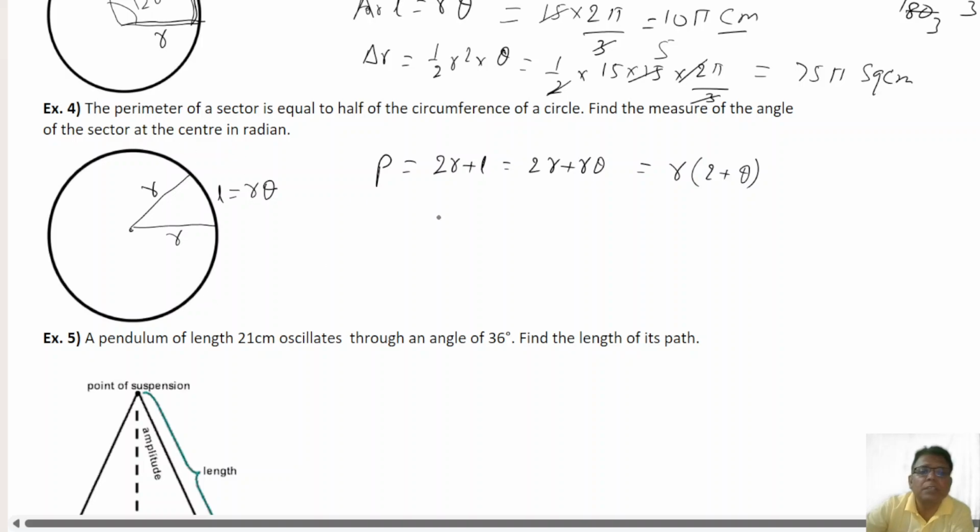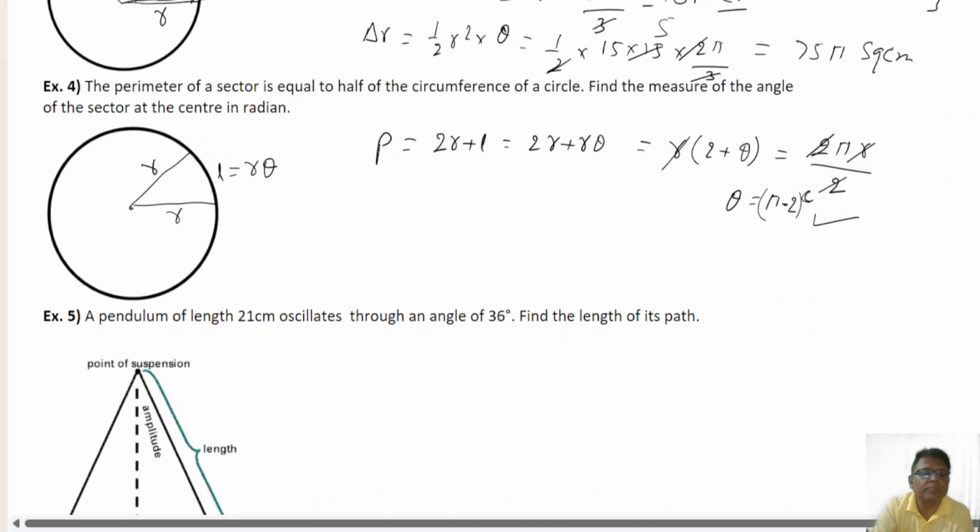Then it is telling that the perimeter of the sector is equal to half the circumference. What is the circumference? 2 pi r, divided by 2, that is half. So this got cut, this got cut. Then theta is equal to pi minus 2. This is the answer. So pi minus 2 what? Pi minus 2 radian. Unit is very important.